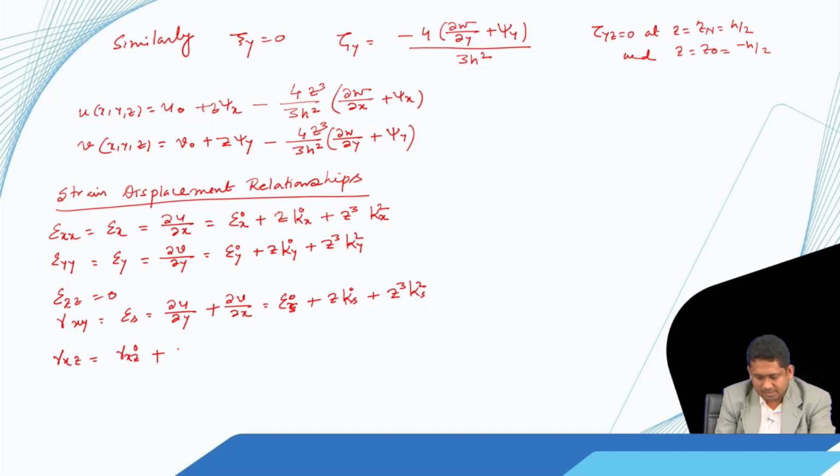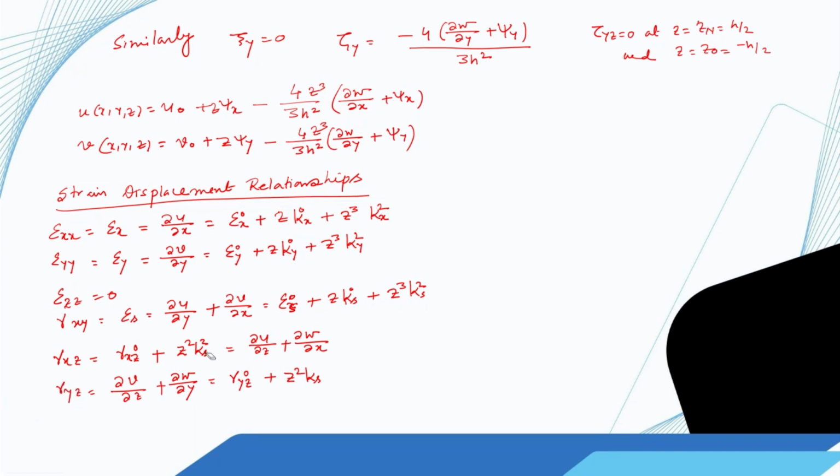So, plus z square kappa s 2, and gamma y z, and that is equal to del u by del z plus del w by del x, and gamma y z comes from del v by del z plus del w by del y, and that comes out to be gamma yz 0 plus z square multiplied by kappa, okay, please excuse me, these are not kappa s, rather kappa xz and yz, so xz yz with superscript 2.